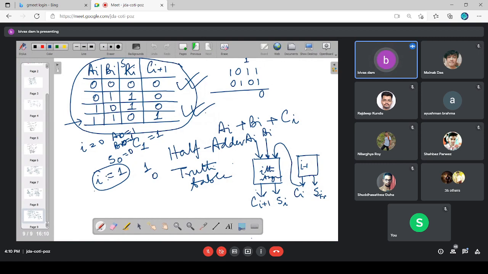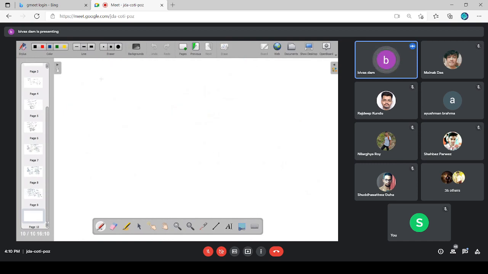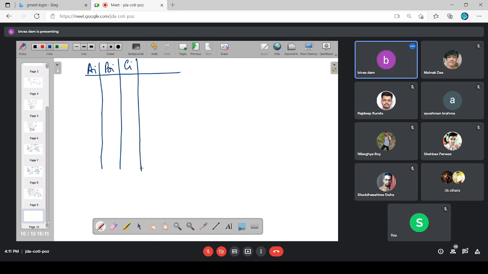So now we have to go for the corresponding logic description and truth table, where all three, AI, BI, and the incoming carry from the previous stage, the I minus 1 stage, are coming as the input. The outputs will be SI or RI, whatever you say, and CI plus 1.